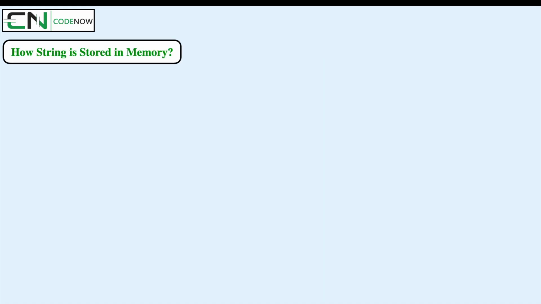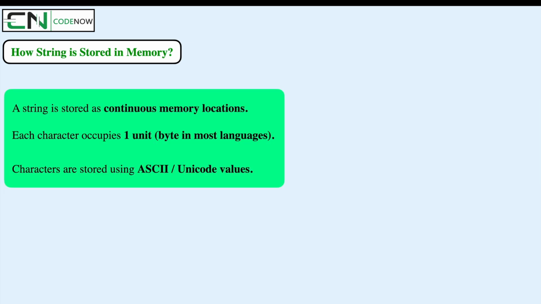How are strings stored in memory? A string is stored in continuous memory locations. Each character occupies 1 byte. Characters are stored as ASCII values. Here is an example, "cat". Cat is stored in a continuous memory block.